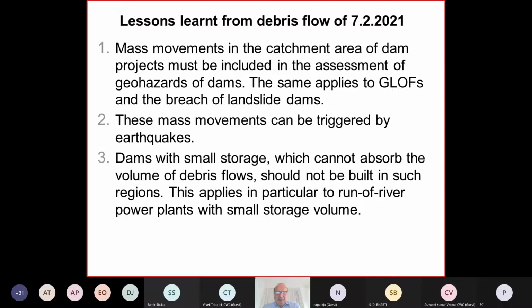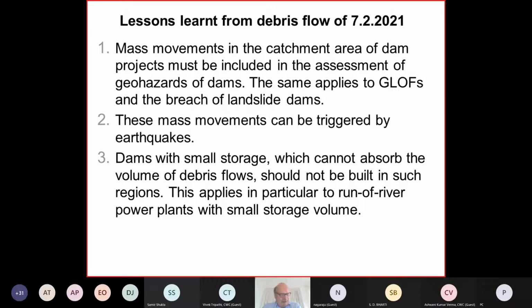Usually people are not used even to look into the catchment area, but I must say the case here of India has shown that in some areas, like in Himalaya, you actually also have to look at debris flows which may be created in the catchment area, and not really even in the reservoir area of these dams.